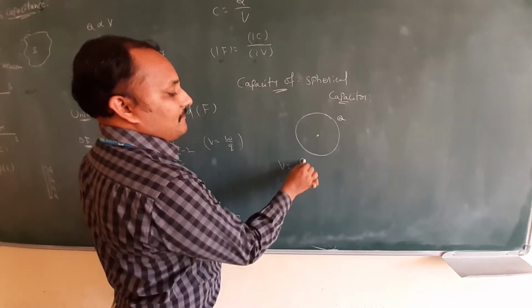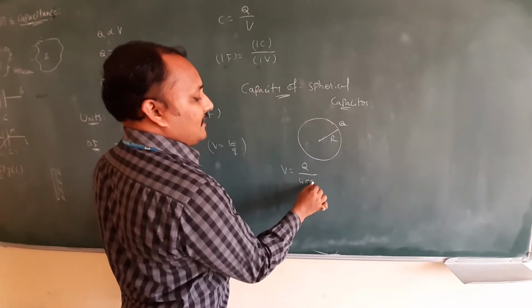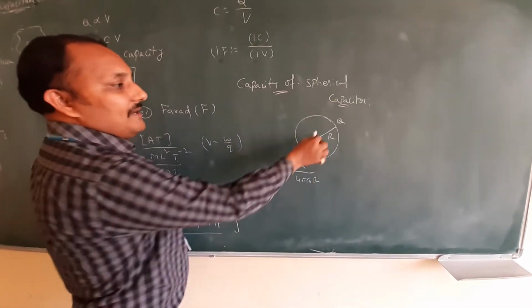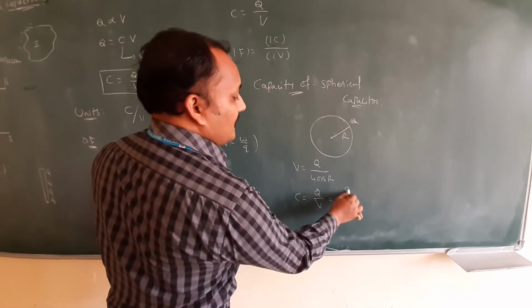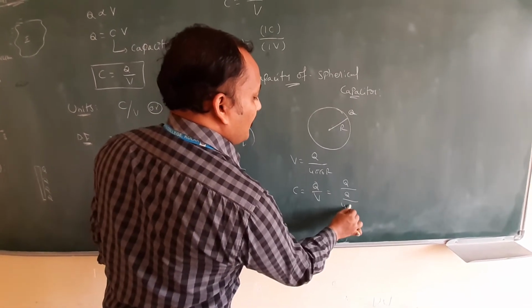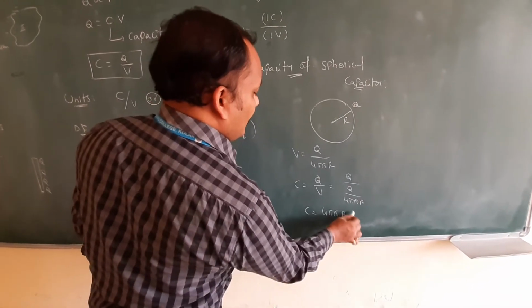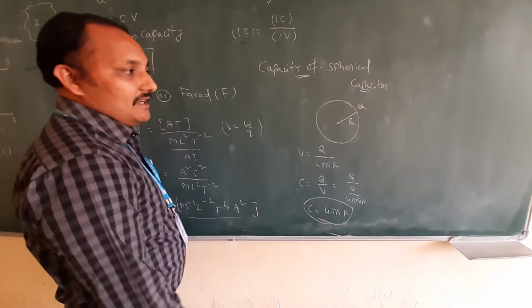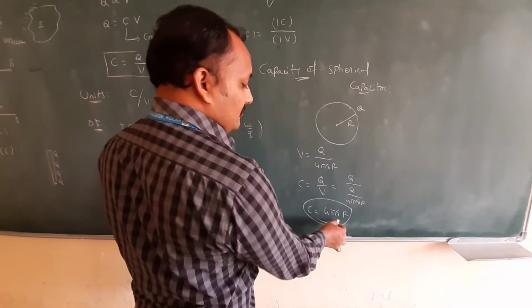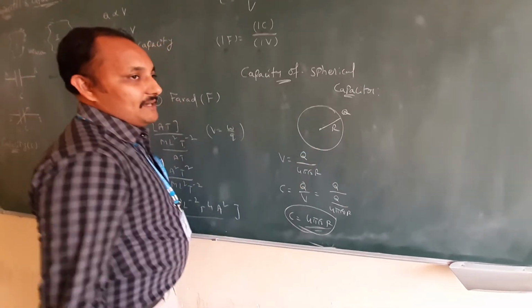V is equal to Q by, this radius is R, Q by 4 pi epsilon naught R. Then what is the capacity of the spherical capacitor? C is equal to Q by V, Q by Q by 4 pi epsilon naught R. Then C is equal to 4 pi epsilon naught R. This is nothing but the equation for the capacity of this spherical capacitor.